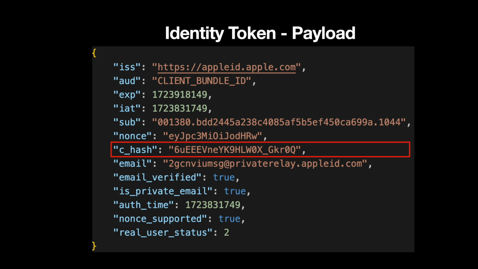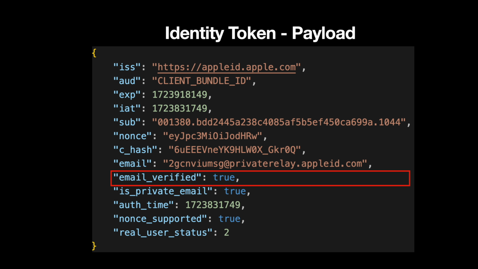C underscore hash, I'm not sure what that is. I haven't used that. Maybe some sort of hashing is being done. Email. So this is the email which the user has selected. In this case, the user has selected hide my email. That's why we are getting @privaterelay.appleid.com. Email verified is generally always true.